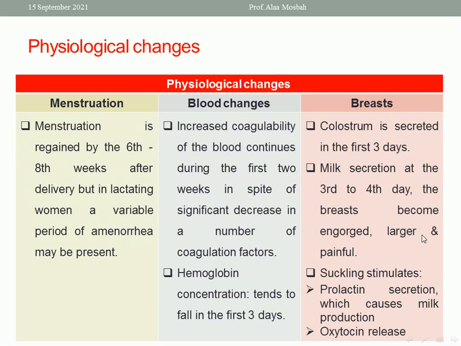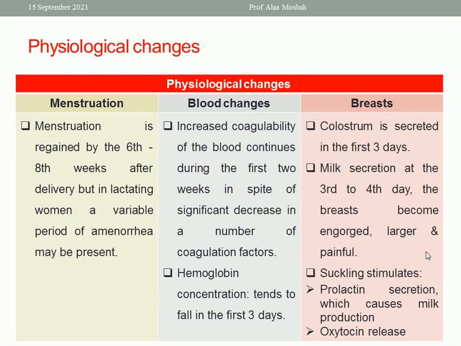Breasts: there is colostrum secreted from the nipple in the first 3 days, and this colostrum is rich in protein and immunoglobulin. Milk secretion begins at the 3rd to the 4th day, and the breasts become engorged, larger, and painful.